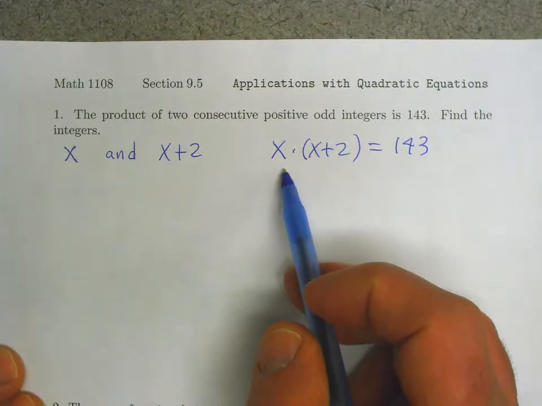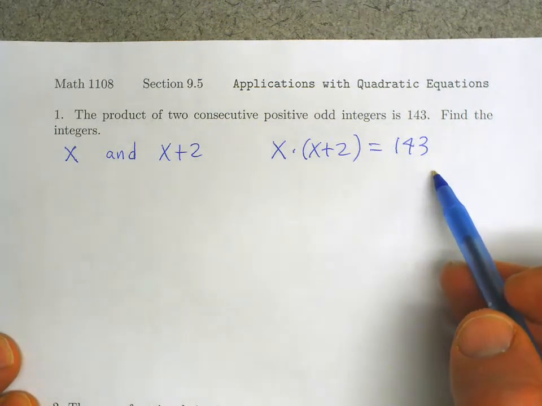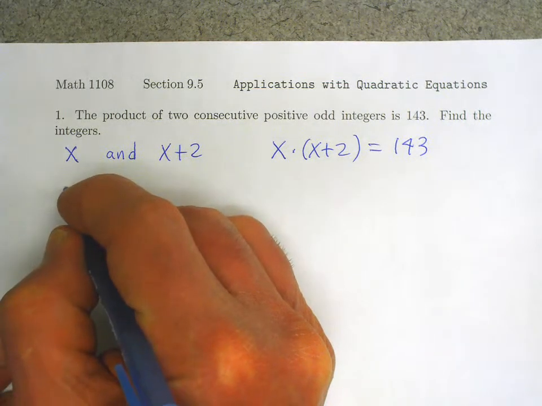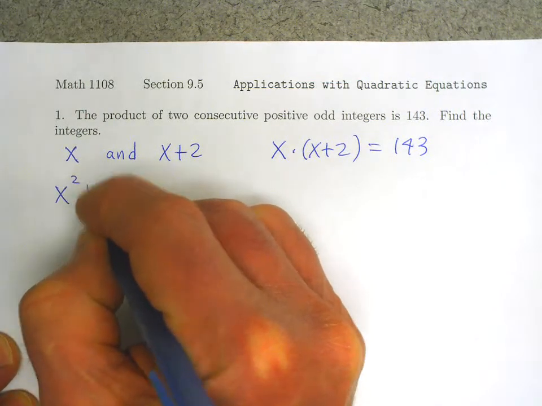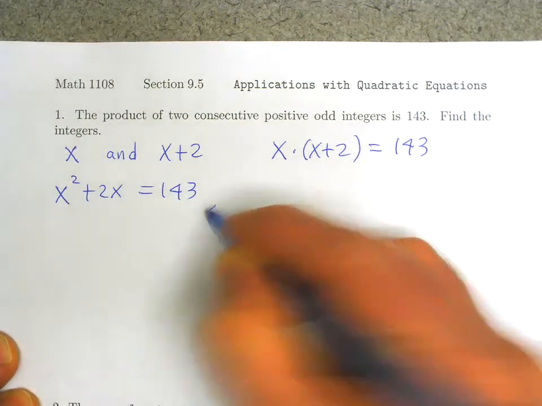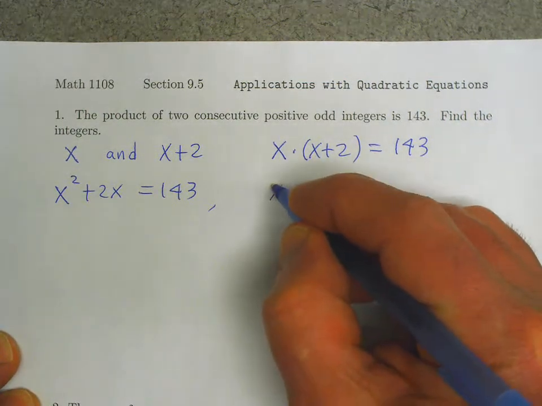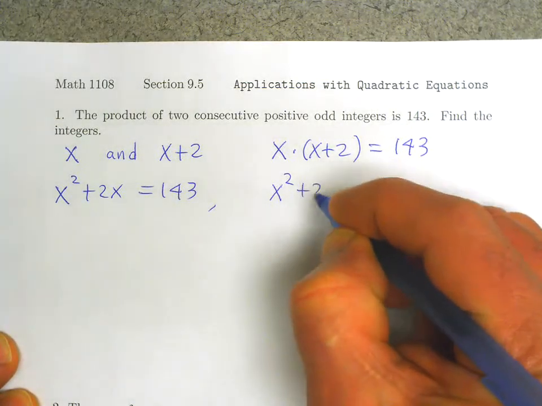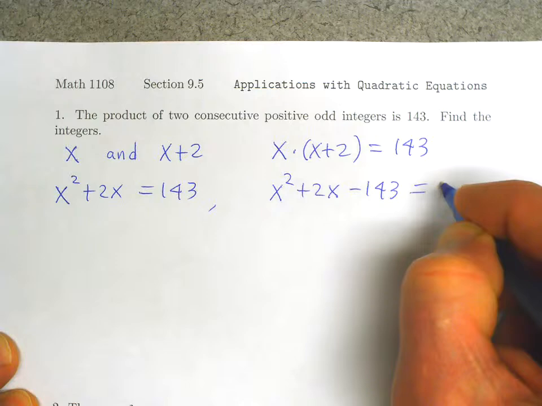Okay, so this is just a quadratic equation. It's not in standard form, but we can get it into standard form. Multiply x times x plus 2, we get x squared plus 2x equals 143. And then subtract 143 from both sides, we get x squared plus 2x minus 143 equals 0.